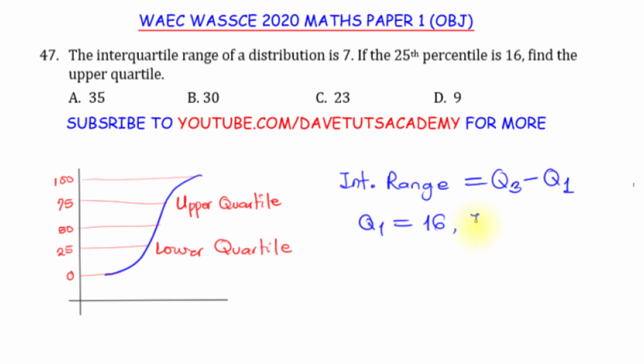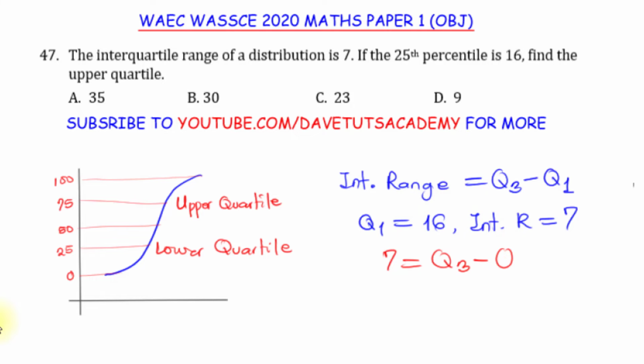The interquartile range we're given to be 7, and we're asked to find the upper quartile, which is the 75th percentile, that's Q3. So we just plug in the values of this data that we're given. Interquartile range 7 is equal to Q3 that we're looking for minus the 25th percentile, which is Q1.